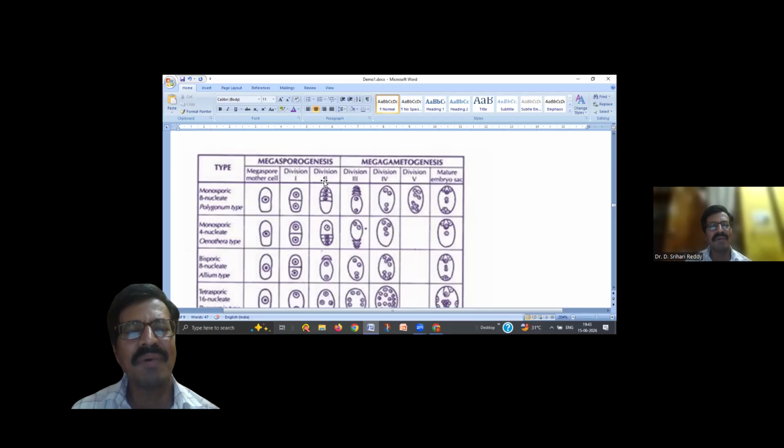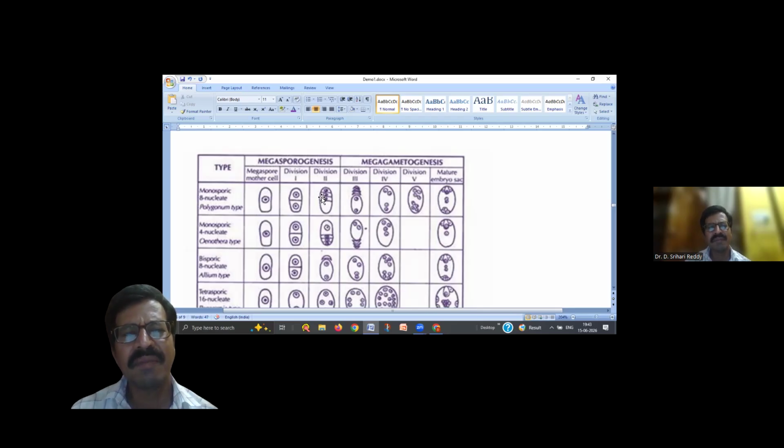The upper one is called the micropylar end, the lower one is called the chalazal end.